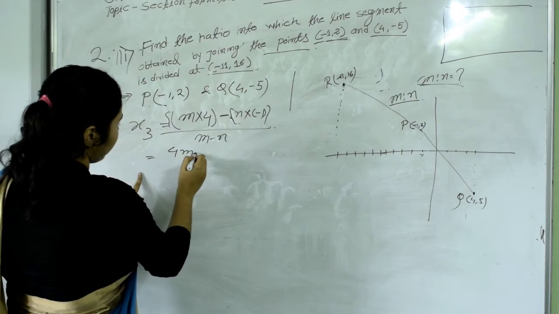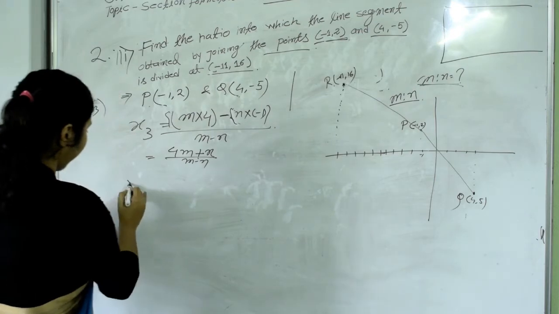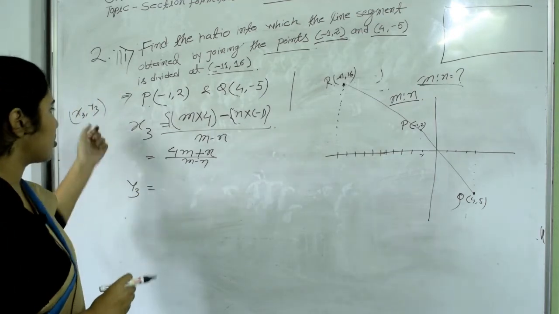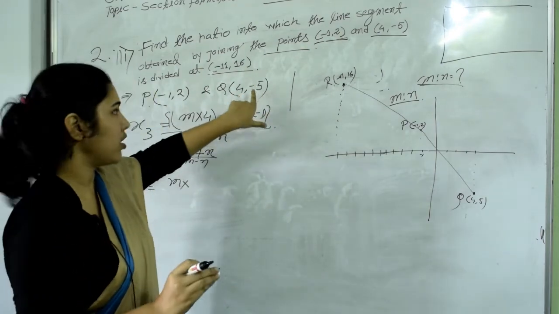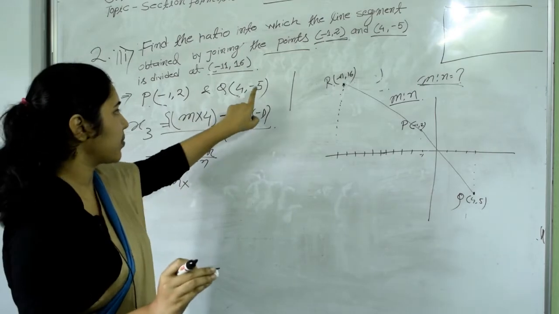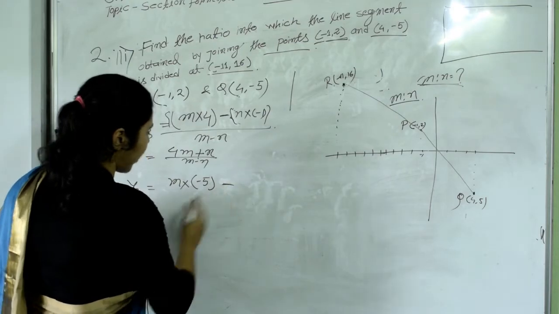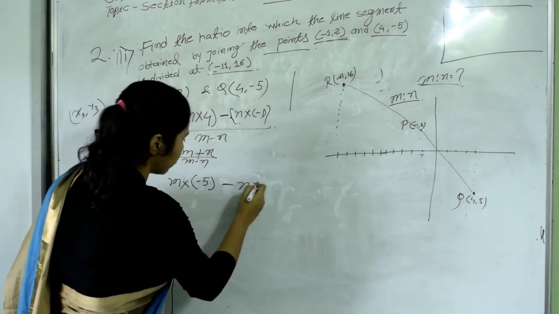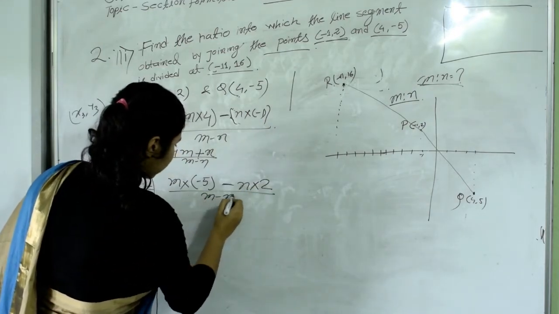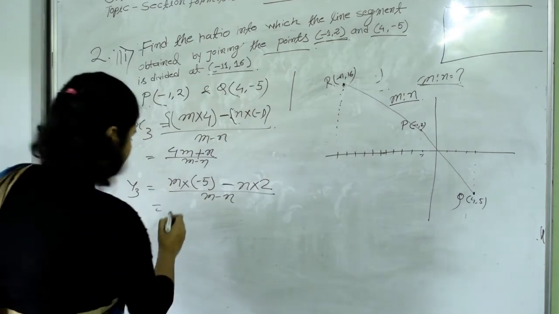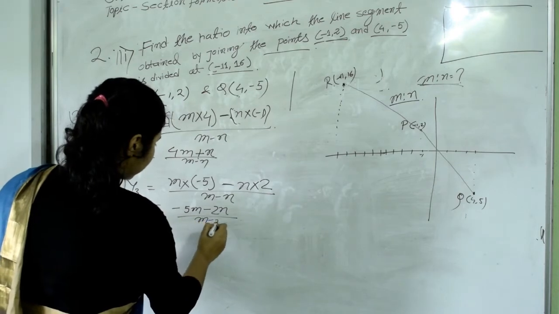So 4m plus n by m minus n. And the value of y3 is equal to again m into y2, which is -5, minus n into y1, which is 2, by again m minus n. So -5 into m, minus 5m minus 2n by m minus n.